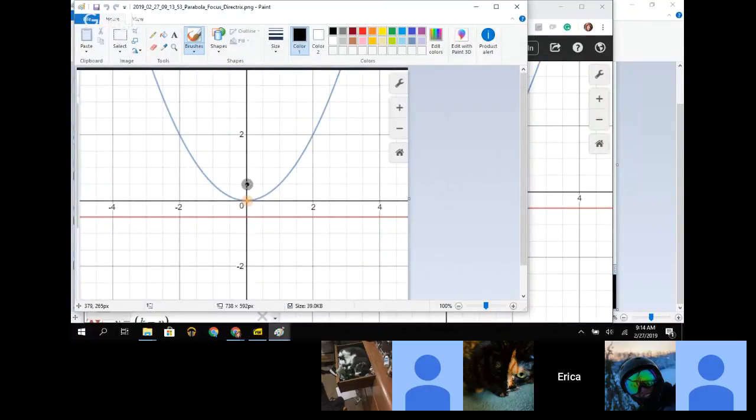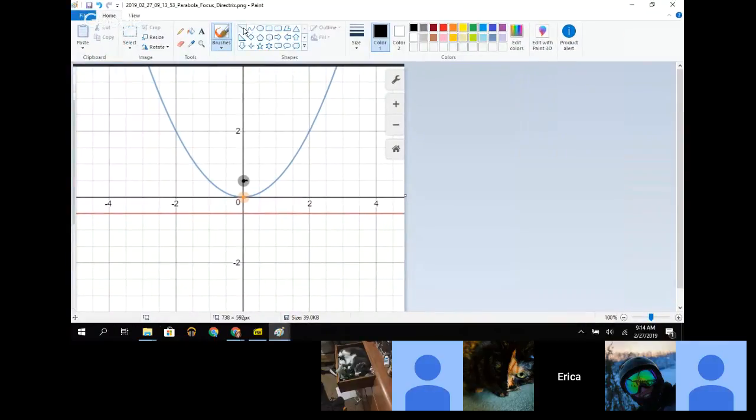Then when you draw your lines, so if I draw a line from here to here, let's say, then that line should be congruent from here to here. Then these two lines should be congruent to each other.